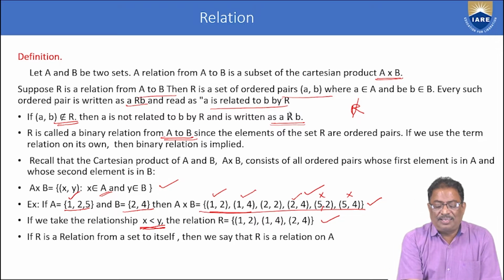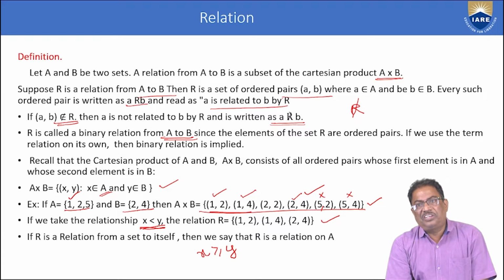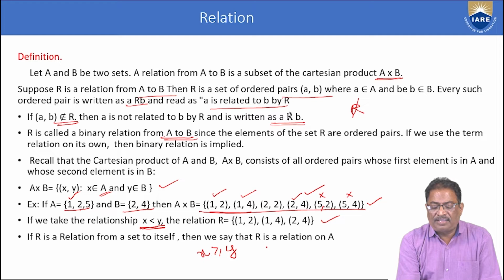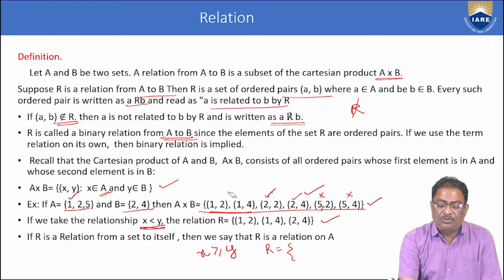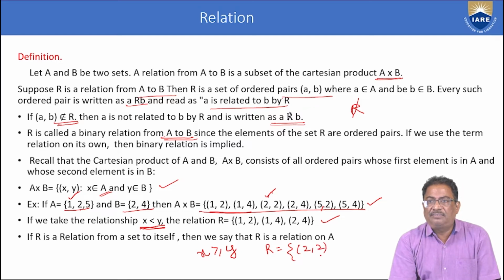Suppose I consider the relation x is greater than or equal to y. Then R consists of the pairs where the first element is equal to the second element, so I am just taking (2,2), and also the pairs where the first element is greater than the second element.